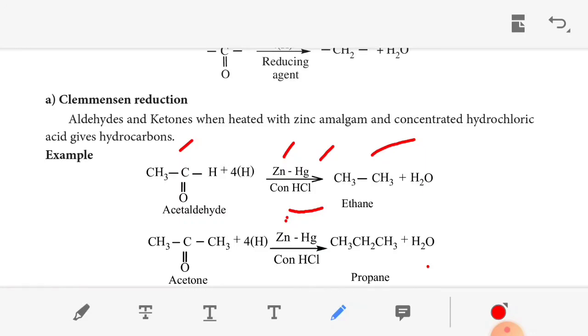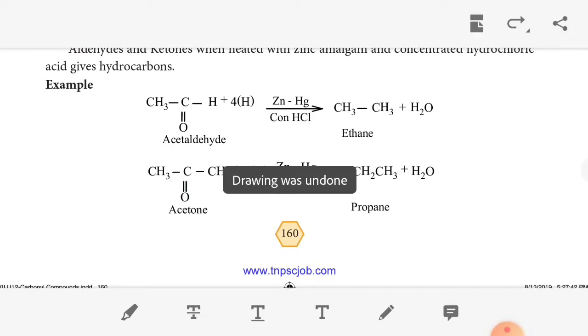Acetaldehyde reduction gives ethane, and ketone reduction gives propane. This is the Clemmensen reduction.